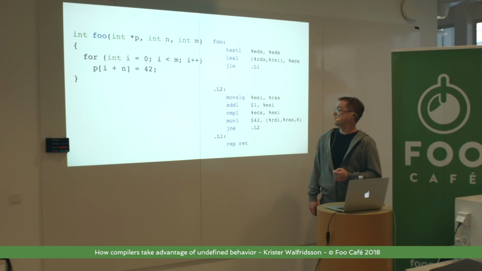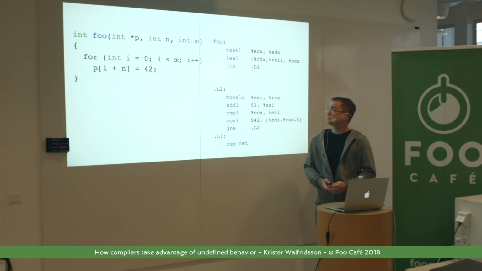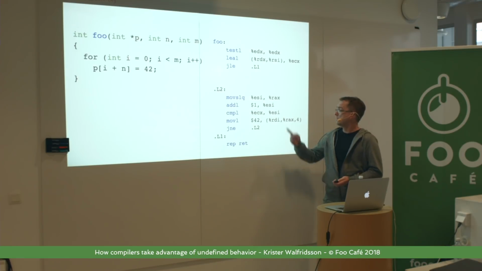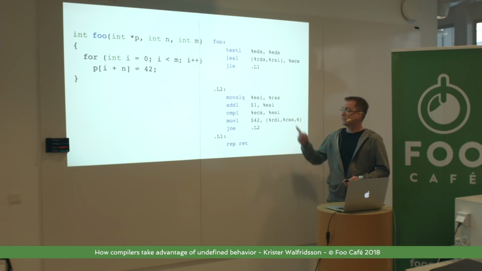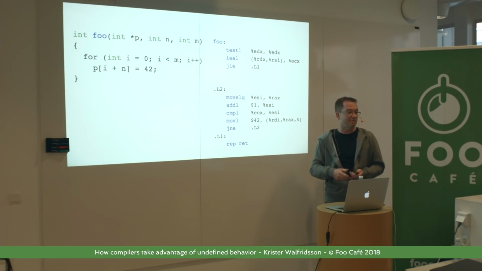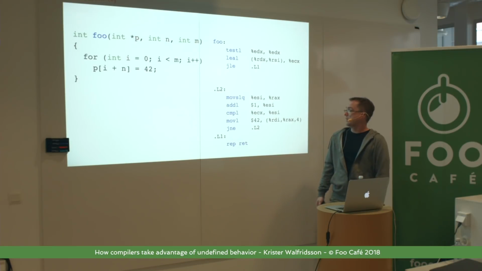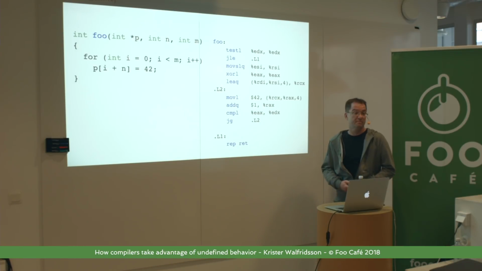So for example, if we had wrapping, then we need to truncate each iteration of the loop in case I plus n overflowed. And if we, as now, do not allow wrapping, then we get rid of that.